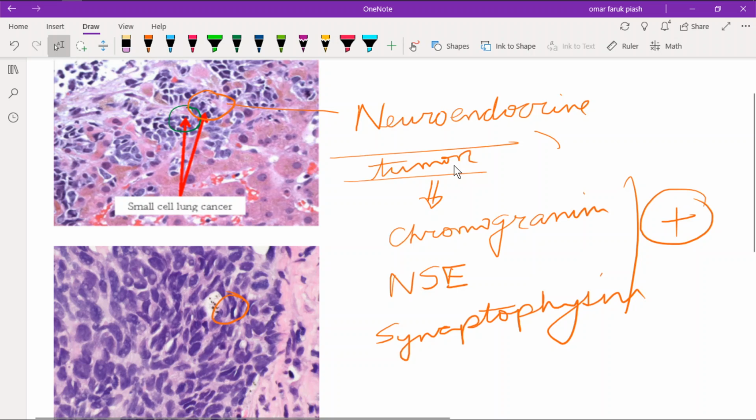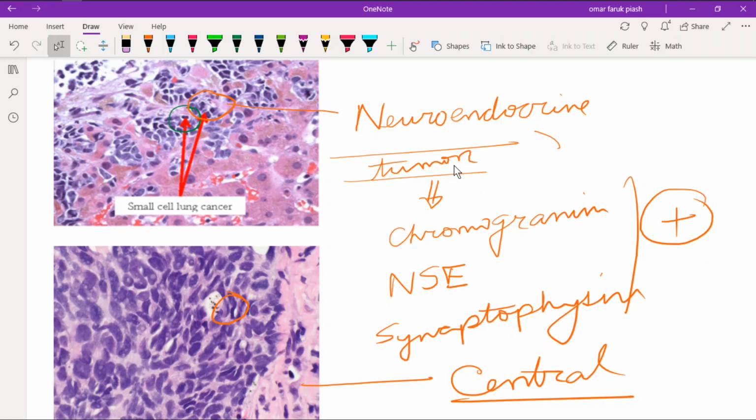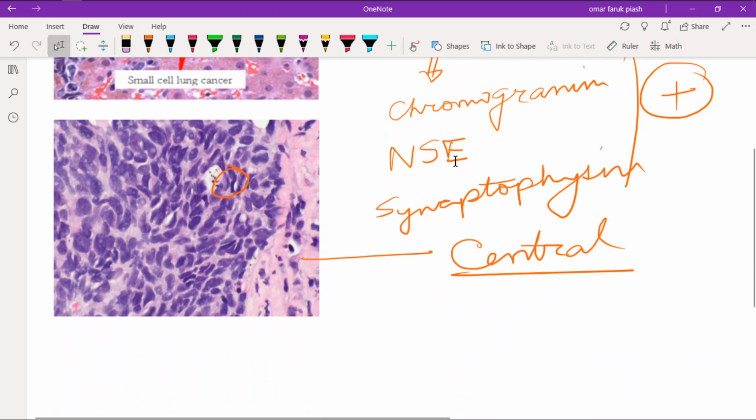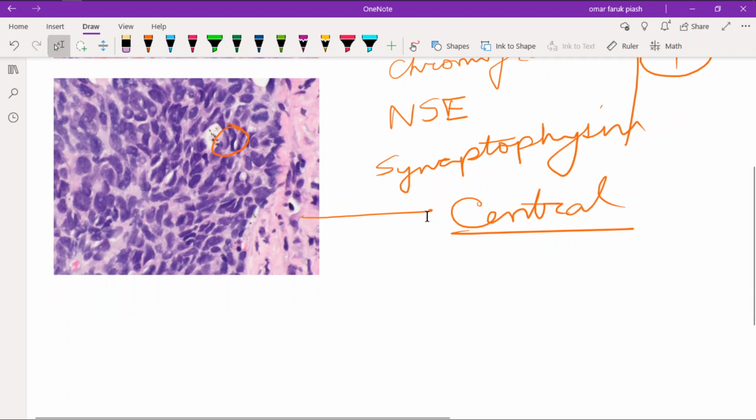As it is small cell lung cancer, it is usually located centrally. This is high yield. Can you tell me another lung cancer which is located centrally? The other starts with S, that means squamous cell lung cancer is located centrally.